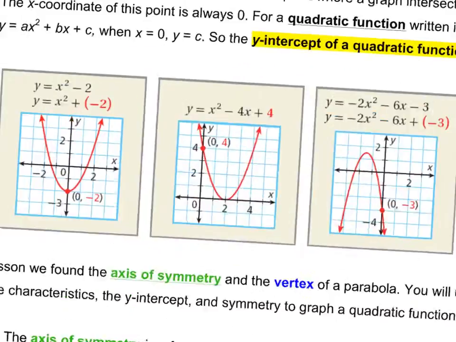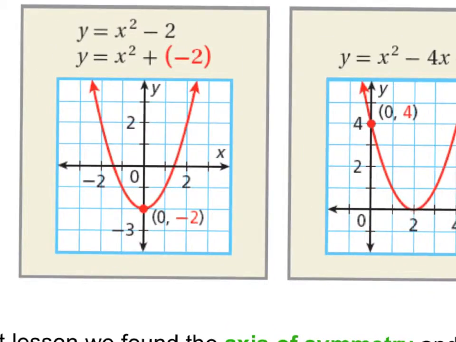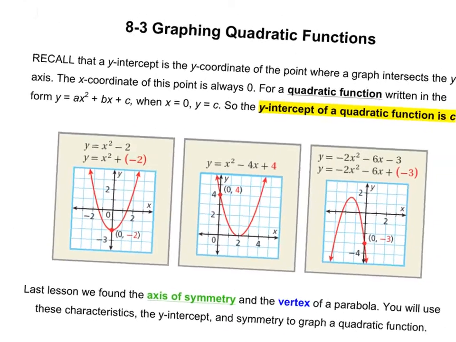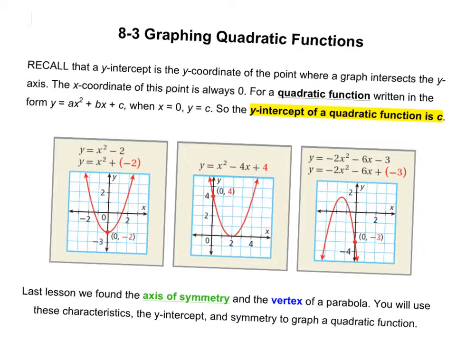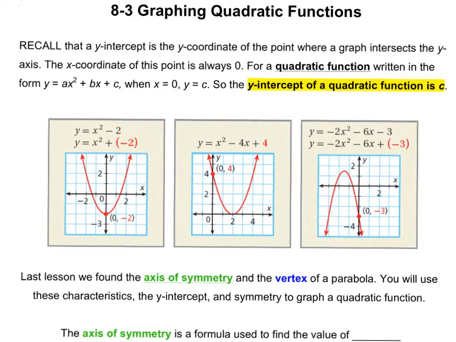So even though this is a section 3, I want you guys to see something. It's all related. That's why we're going through all this at the same time. When you're graphing a quadratic function, remember I told you that in y equals ax squared plus bx plus c, the c is the y-intercept.